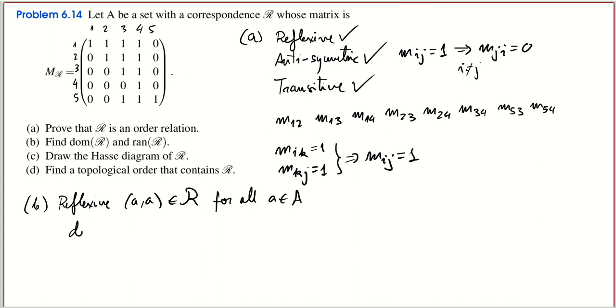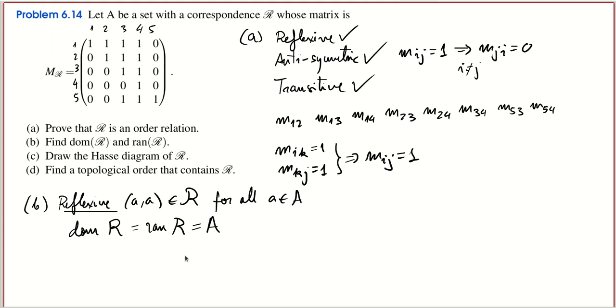And that means that the domain of R, which are all the elements that can appear in the left position, and the range of R, which are all the elements that can appear in the second position, are the whole set A. So that's trivial. But this is true for every order relation or every equivalence relation because they are reflexive. Any relation that is reflexive must have this property.